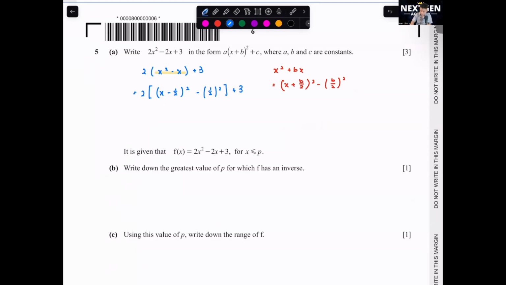Let's simplify it. This will be 2 bracket x minus 1 over 2 squared minus 1 over 4, plus 3. Then 2 bracket x minus 1 over 2 squared minus 1 over 2, plus 3. Our final answer will be 2 bracket x minus 1 over 2 squared plus 5 over 2, since minus 1 over 2 plus 3 means 5 over 2.